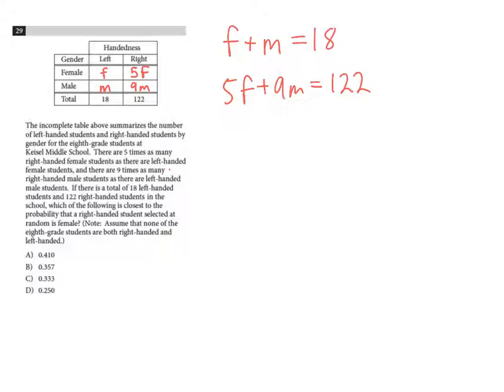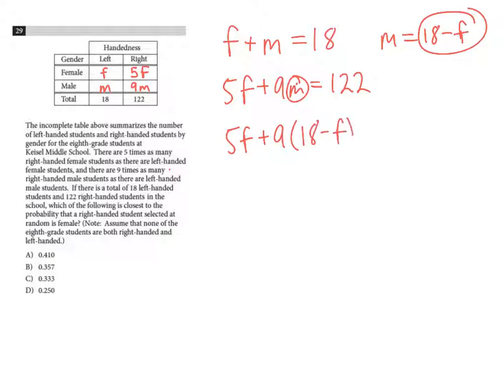So I'm going to have M equals 18 minus F, and I'm going to substitute that back in for my male in the second equation. So I've got 5F plus 9 times 18 minus F equals 122. And I'm going to distribute and combine like terms. 9 times 18, that's going to be 90 plus 72, 162, minus 9F equals 122.